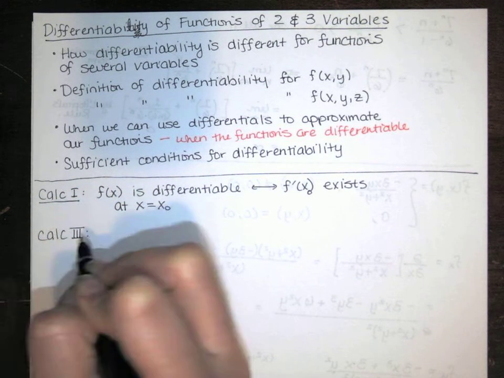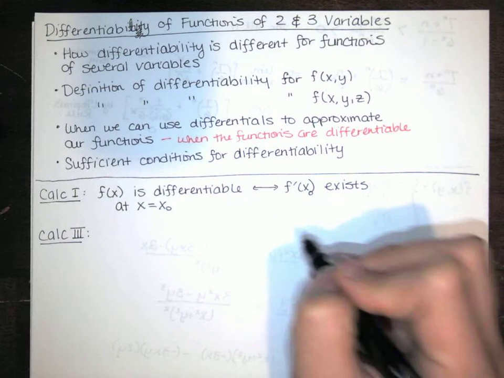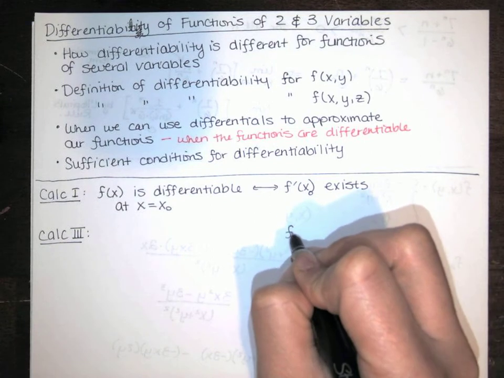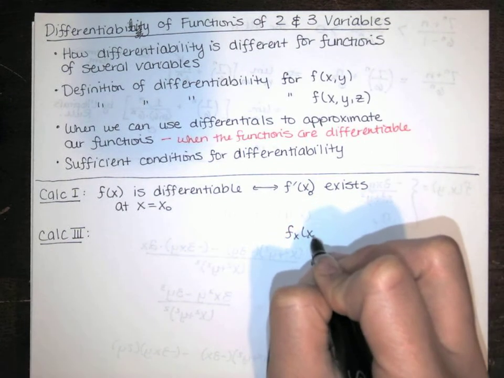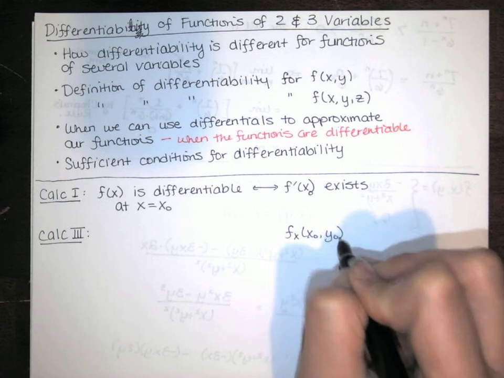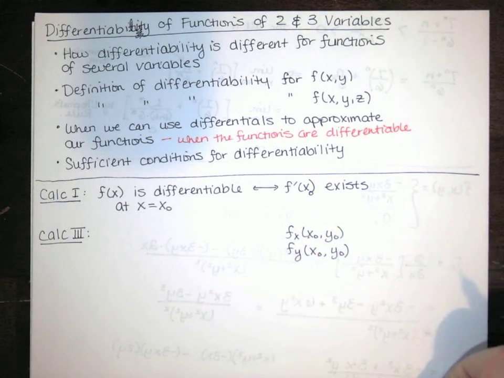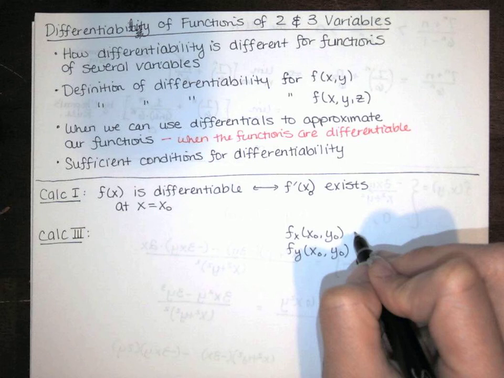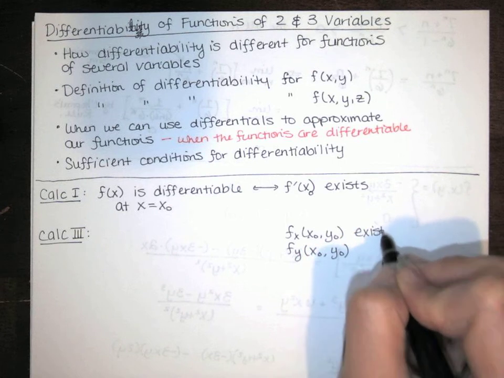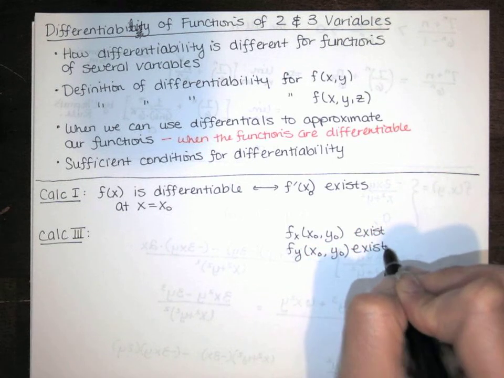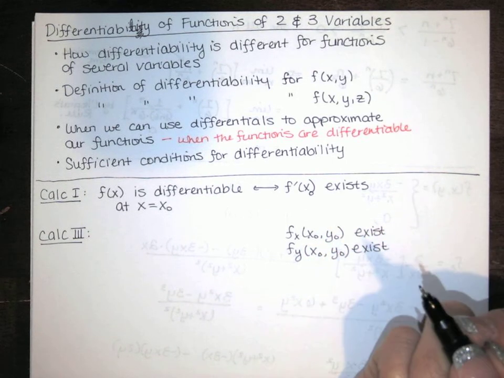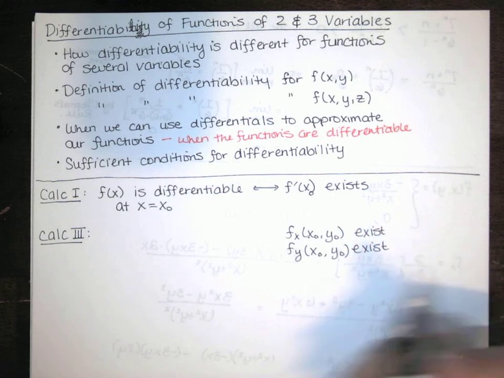So let me write that down. The partial of f with respect to x at x naught, y naught, and the partial of f with respect to y at x naught, y naught. The fact that these exist does not necessarily imply differentiability.